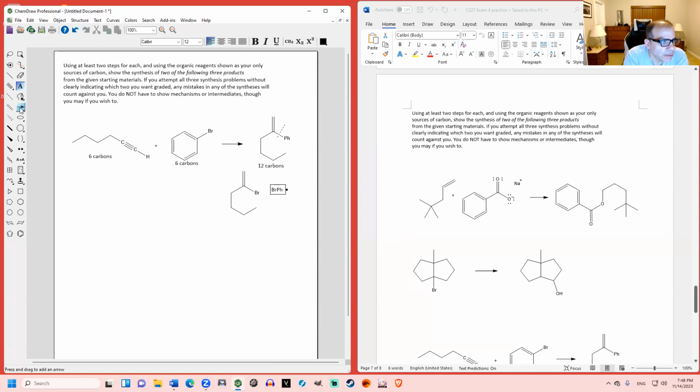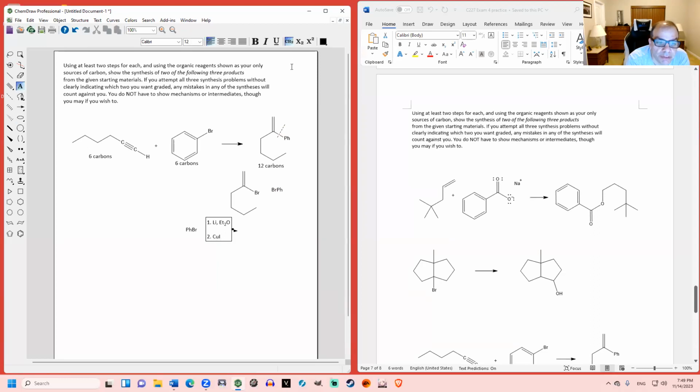So if we could somehow make this bromide, we could take bromobenzene, which we're given, and treat it first with lithium in ether or pentane, it doesn't really matter which, followed by copper(I) iodide.